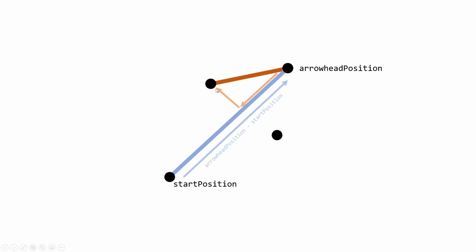We can normalize this vector too, give it a certain length, and add this vector to this position, and then we get this point, basically. And when we have this point, we just need to draw from there to there, or the other way around. And that's basically it. Of course, for the other side, we need to do that too.